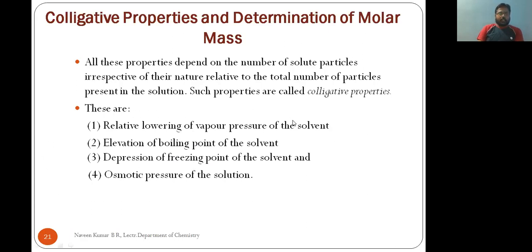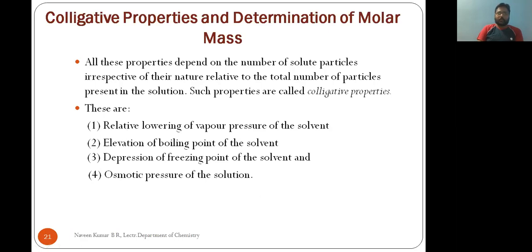Now, in understanding the first 3 colligative properties, we'll recall the addition of a non-volatile solute to a volatile solvent. As I have told, it does not depend on the nature of the solute but only on the nature of the solvent. But to classify or understand the types, we'll assume a non-volatile solute.